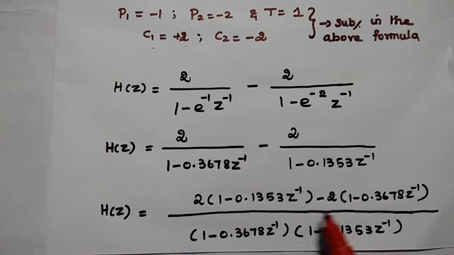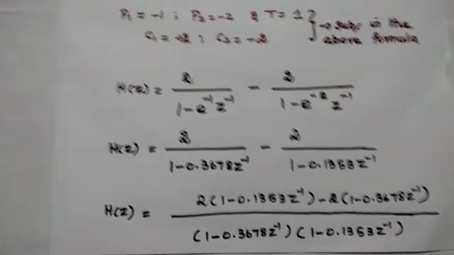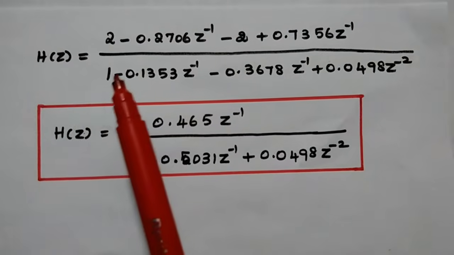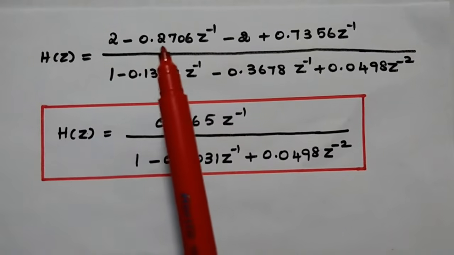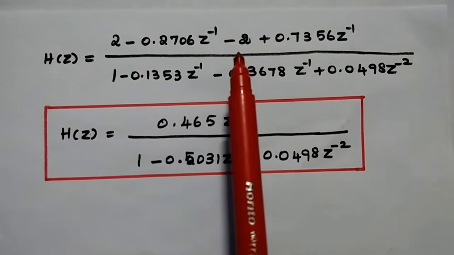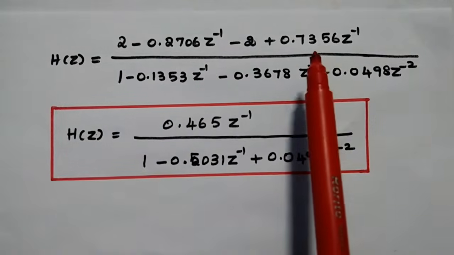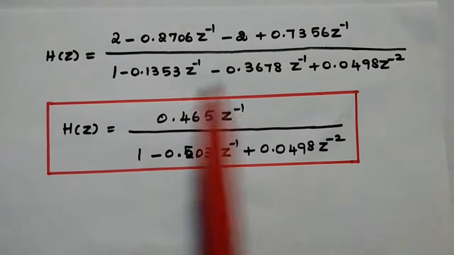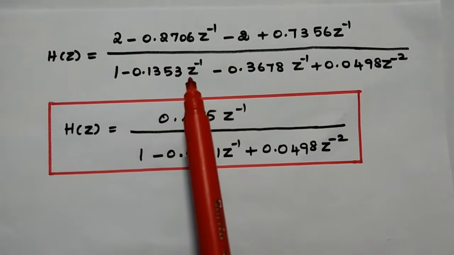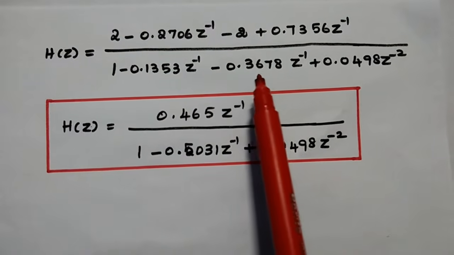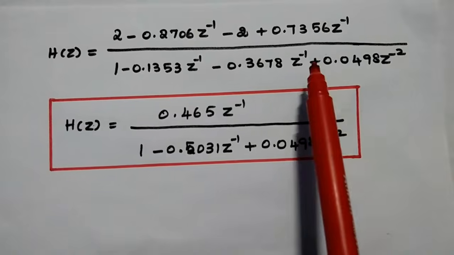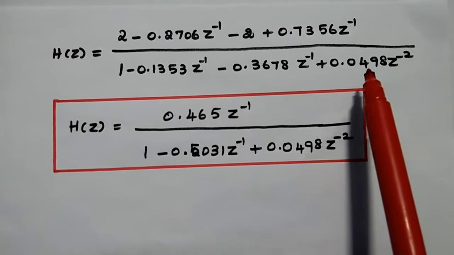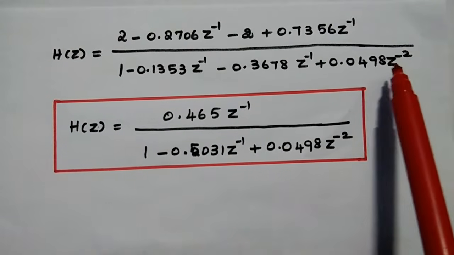And multiply inside all the values, then we can get h of Z is equal to 2 minus 0.2706 Z power minus 1 minus 2 plus 0.7356 Z power minus 1, and the denominator becomes 1 minus 0.1353 Z power minus 1 minus 0.3678 Z power minus 1 plus 0.0498 Z power minus 2.